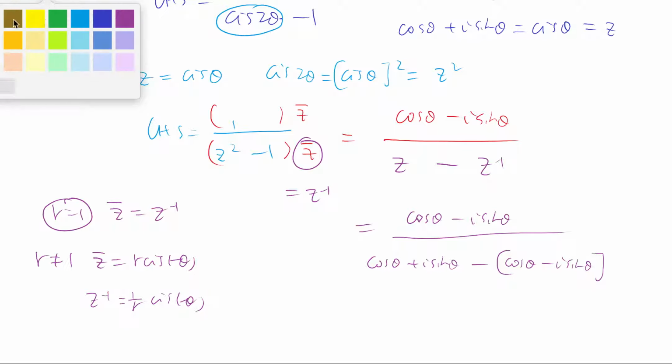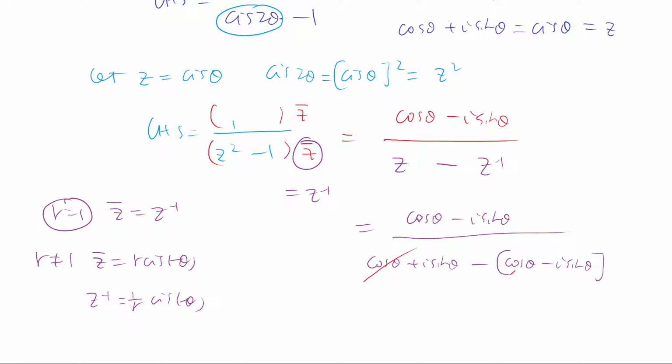And we can see the cos and cos cancel, and i sin theta minus i sin theta gives 2i sin theta. So it is cos theta minus i sin theta divided by 2i sin theta. This is our right hand side. So we used the cis formulas and also the conjugate and inverse formulas.